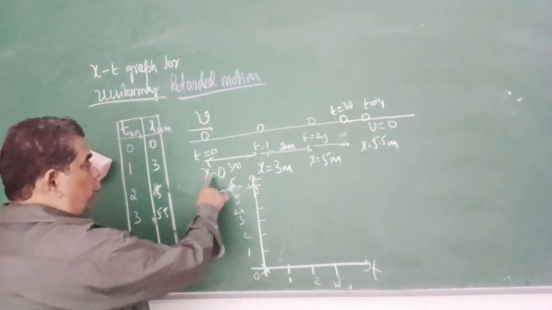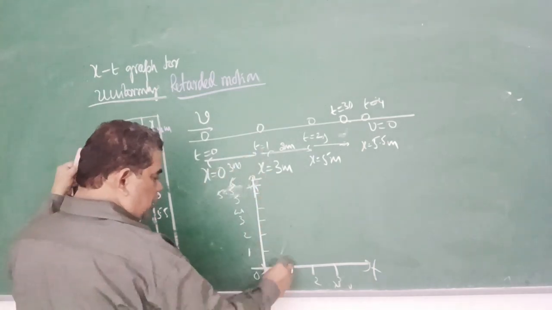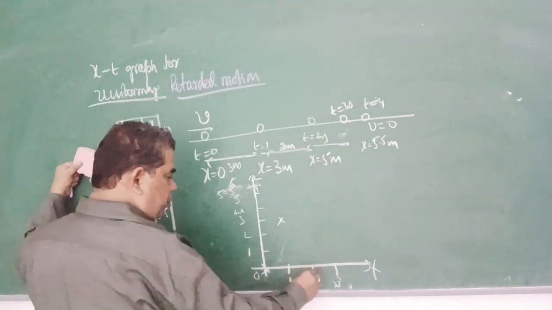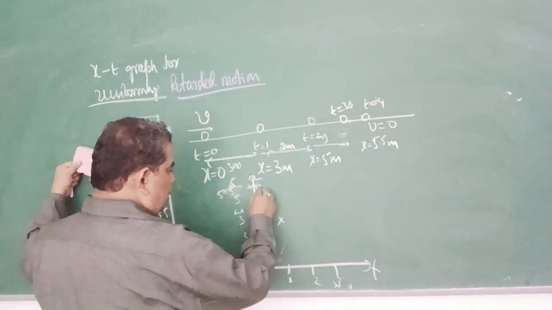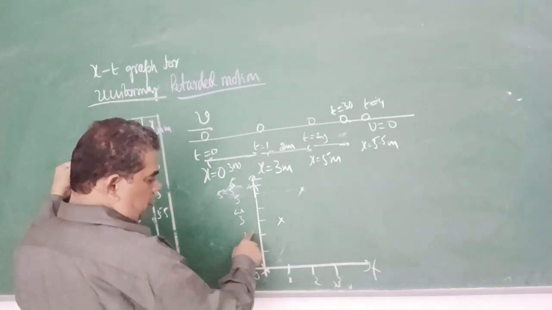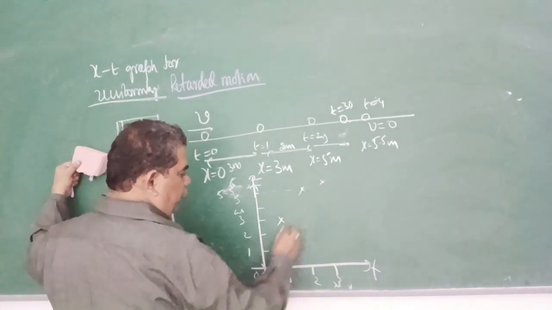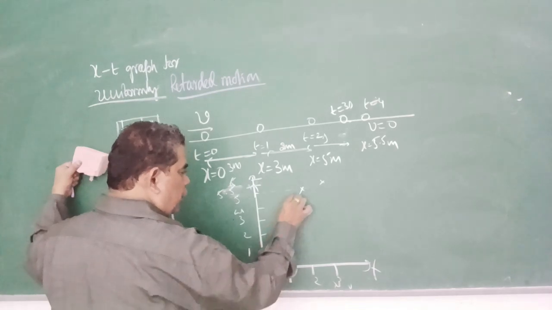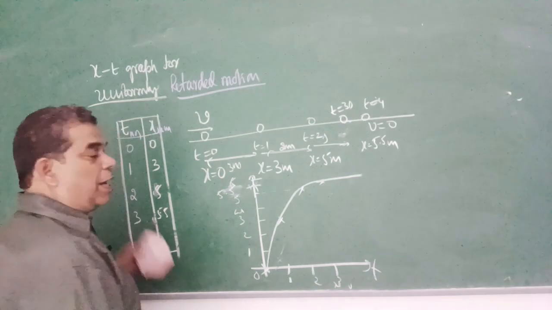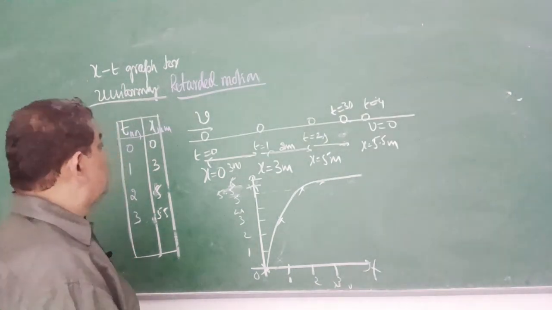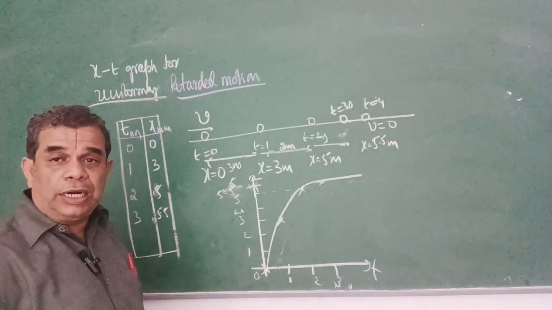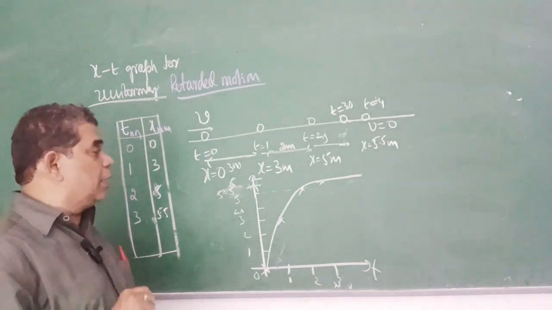Then for 1 second, position is 3 meters somewhere here. For 2 seconds, position is 5 meters, somewhere here. For 3 seconds, it is 5.5. So finally, we get a graph like this. After that, it comes to rest, so it becomes parallel to the x-axis. This is the position time graph for retarded motion. So there I conclude this video.